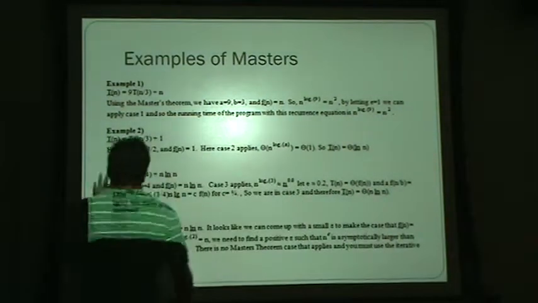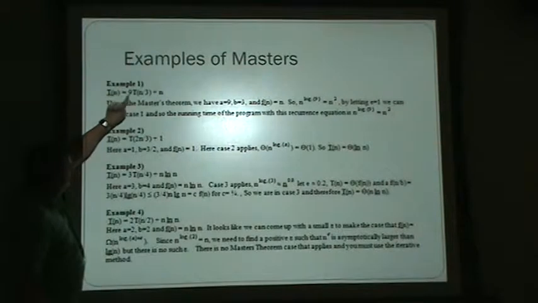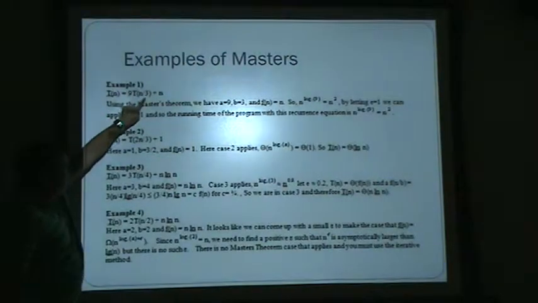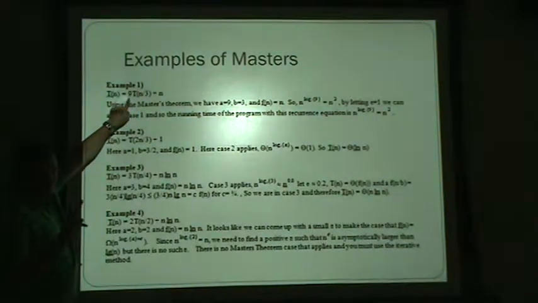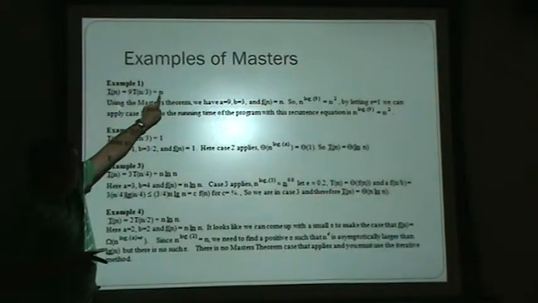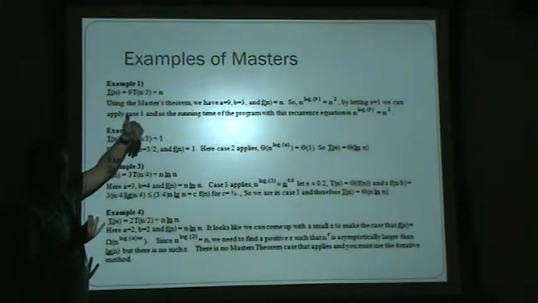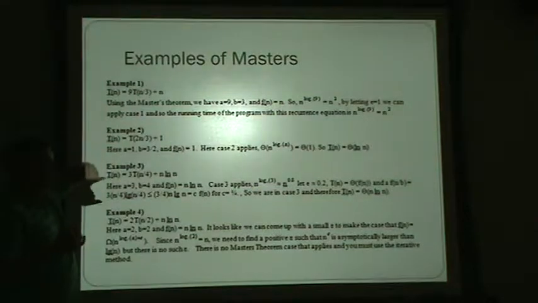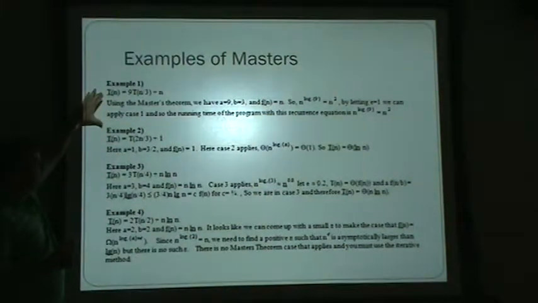So basically what we're saying is log base 3 of 9 is 2. The function over here is less than n squared. So that put us in case 1.